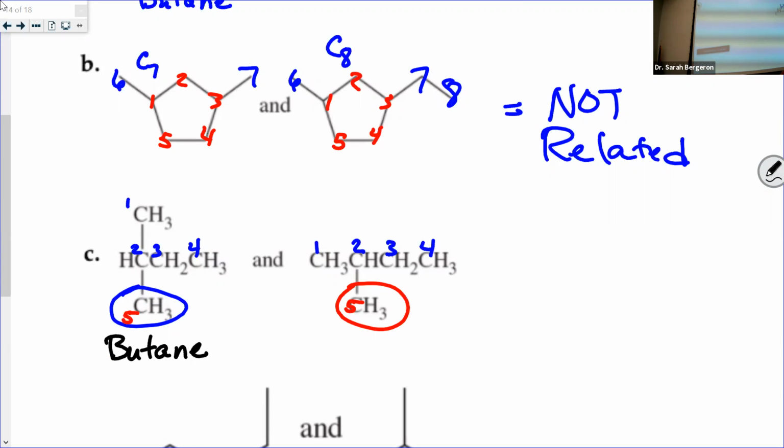Now coming off of carbon what? We have something. Carbon 2, we have a what? A methyl group. So this is 2-methyl-butane. And I guess that B really should be lowercase. I think your homework is picky about cases. So put everything lowercase.